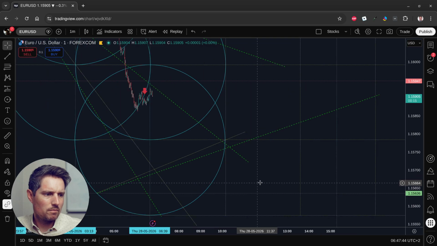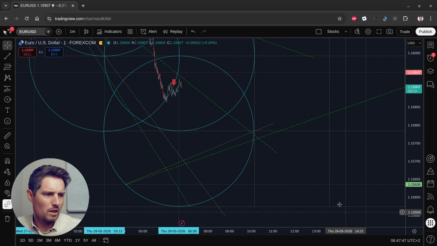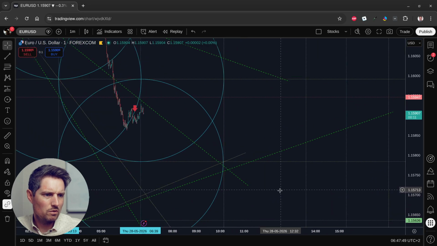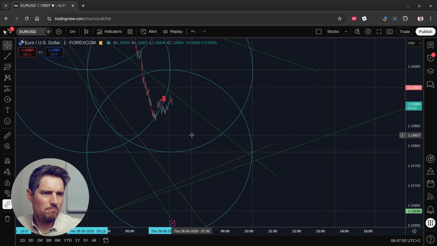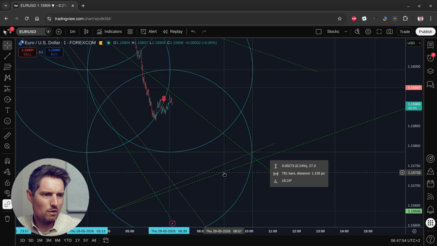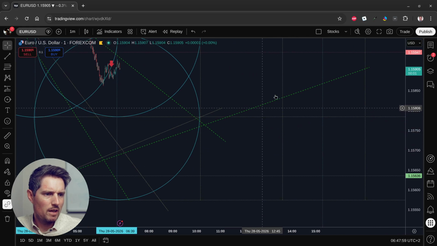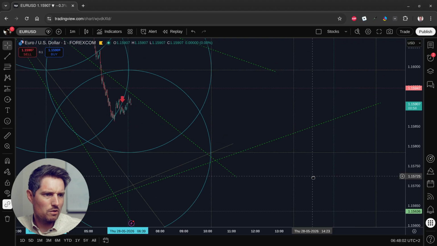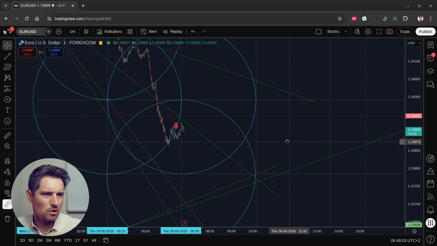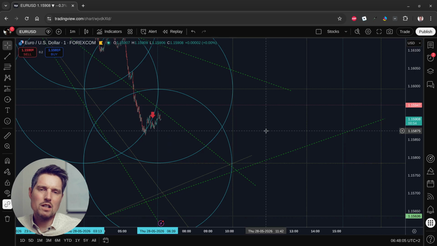Since I think we're going to have some news event in the afternoon, though I'm not sure, I think that price will at least drop to this line and then walk this line up, and maybe we're going to see another break to the downside, but I'm not entirely sure. You could say the overall direction for the day is a bearish movement.